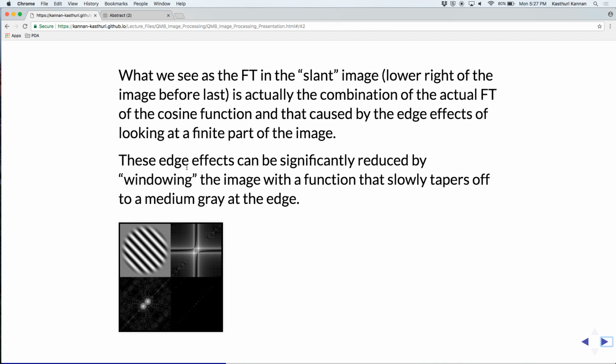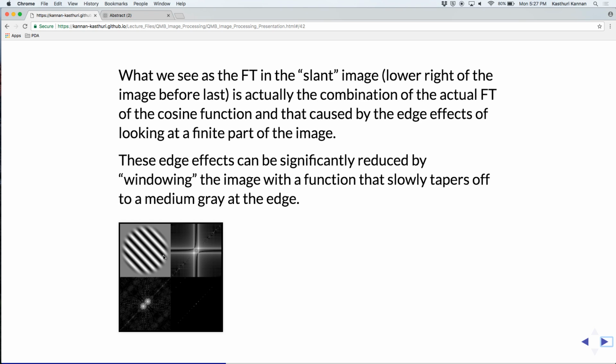But if you try to blur it, you can see it is becoming more and more horizontal. You have a white blob here and it's more diagonal, right? You don't see these effects at all. That's because of the edge effect.